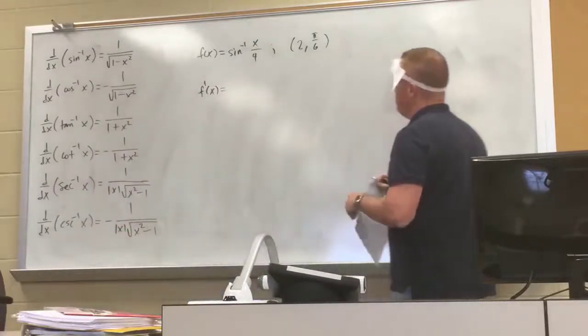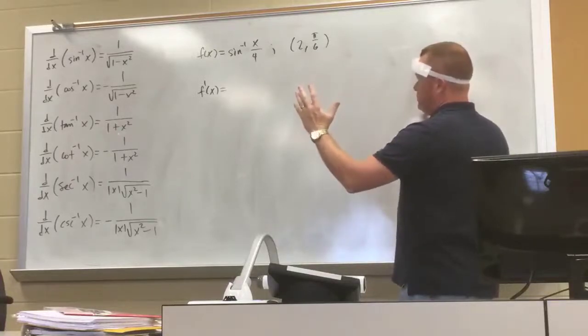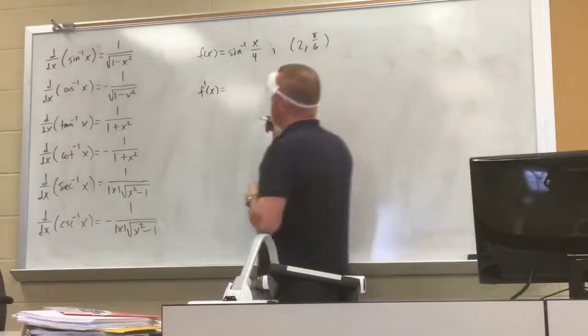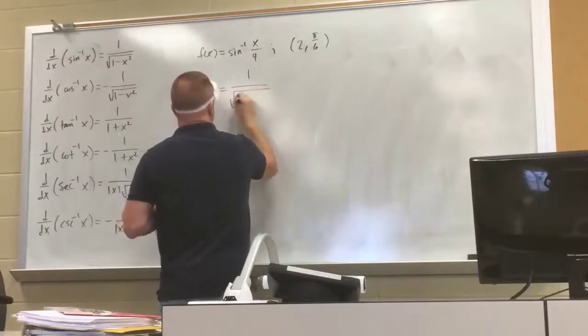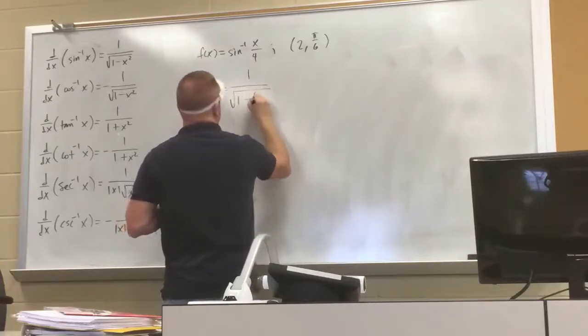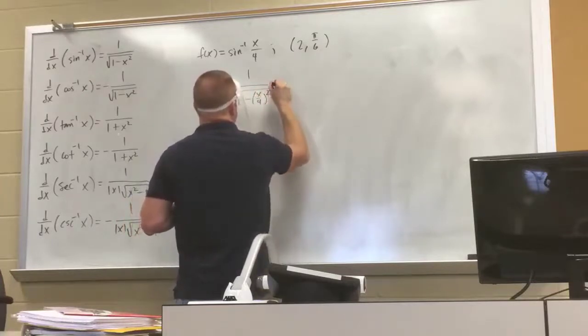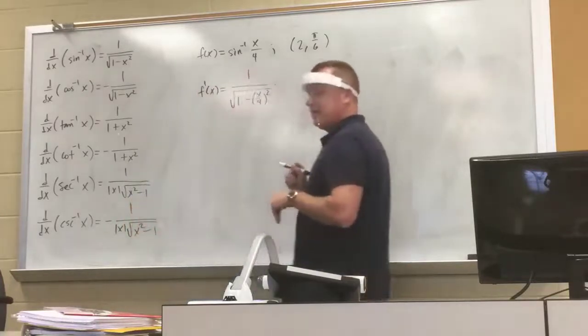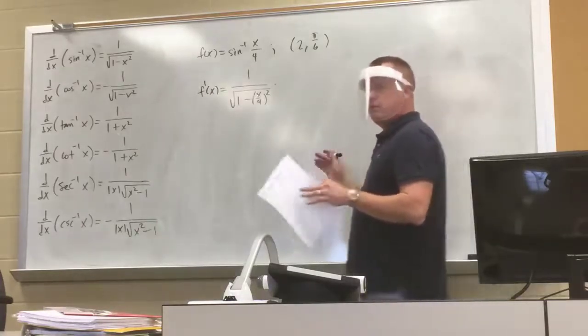All right, so here the derivative, the big function is the inverse sine, so it's 1 over square root of 1 minus x squared, so x over 4 squared. But then times the derivative of the inside. X over 4, the derivative would just be 1/4.